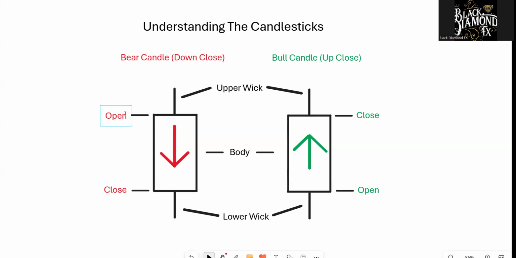Now, what determines whether the candle is a bear candle or a bull candle is where the candle closes. If the candle opens at 15 minutes and then right at zero, because the timer is going to count down from 15 minutes to zero, if at zero, price is below where it opened, came down, of course, that's going to give you a bear candle or a down close candle.